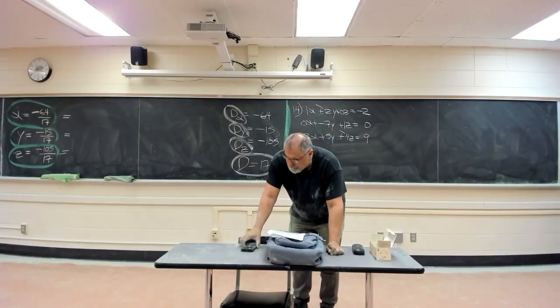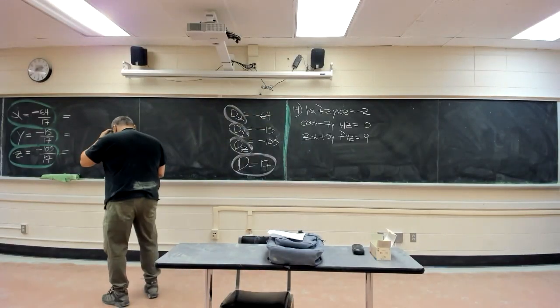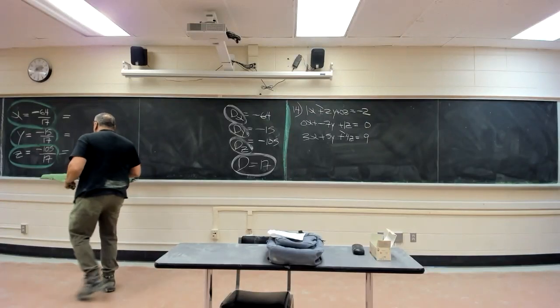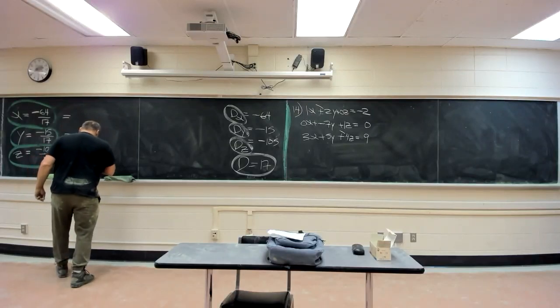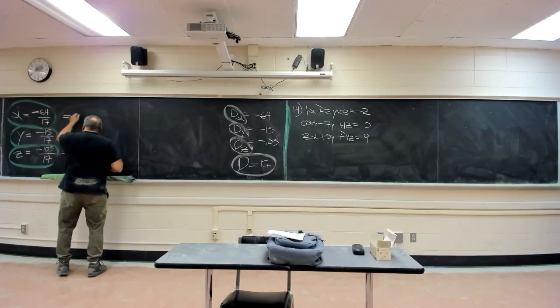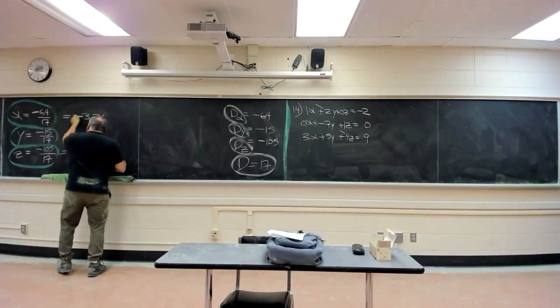Negative 64 over 17. Negative 3.7647. Negative 3.76.